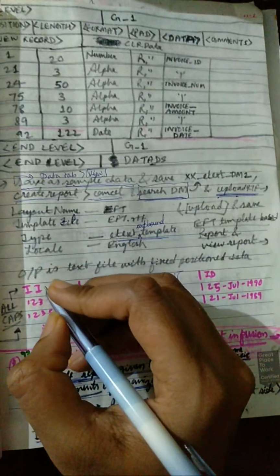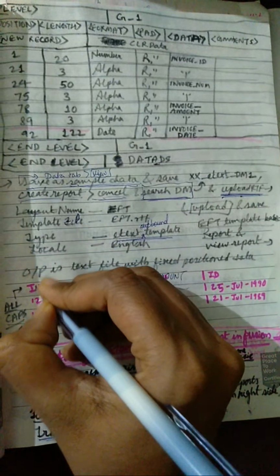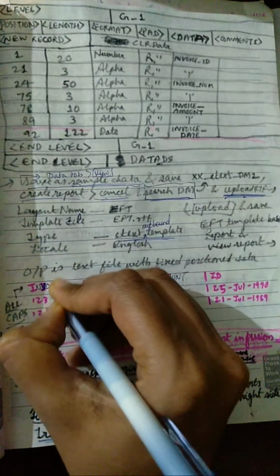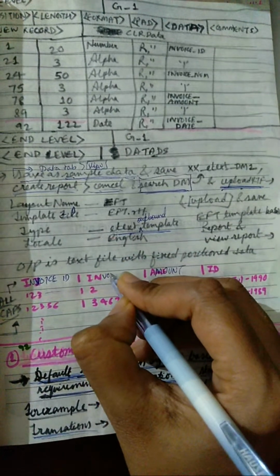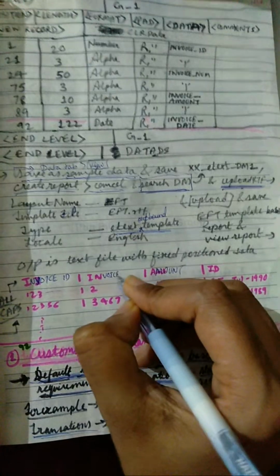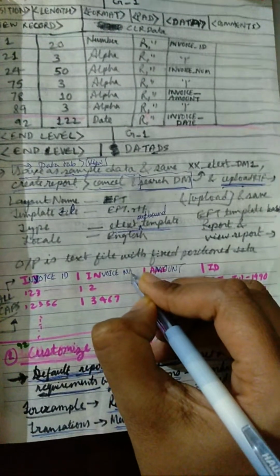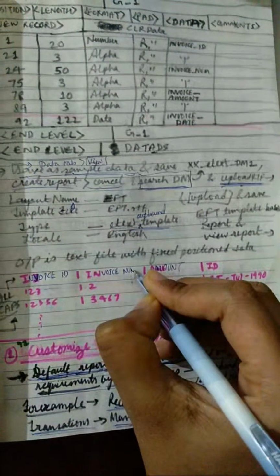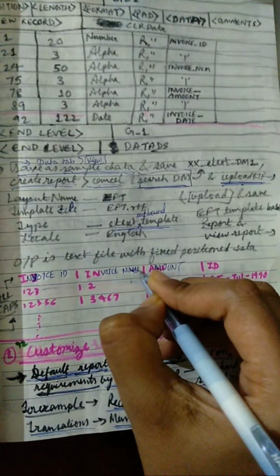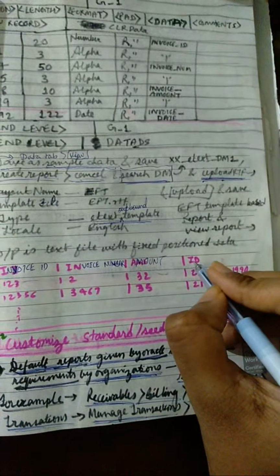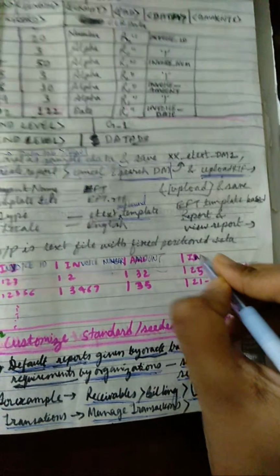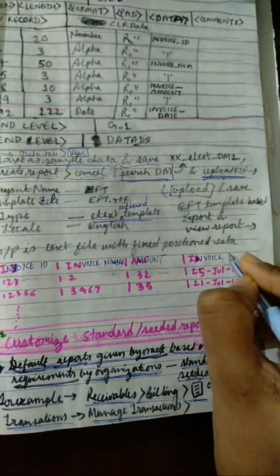It should be invoice, let's say if it's invoice ID, so it should be given as invoice ID, invoice number, then I have given amount in capital, again invoice date.